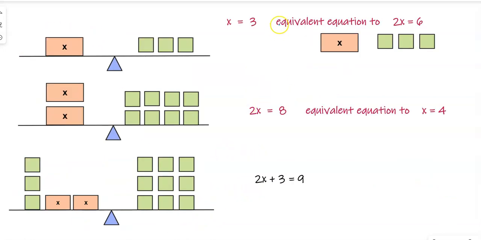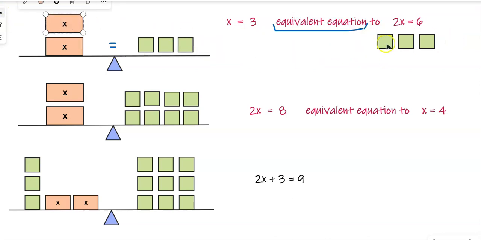Now we can add something which is called equivalent equations. What does it mean when two equations are equivalent? We have x equals 3 units, right? So x is balancing 3 units on the other side. What is going to happen if we multiply by 2?